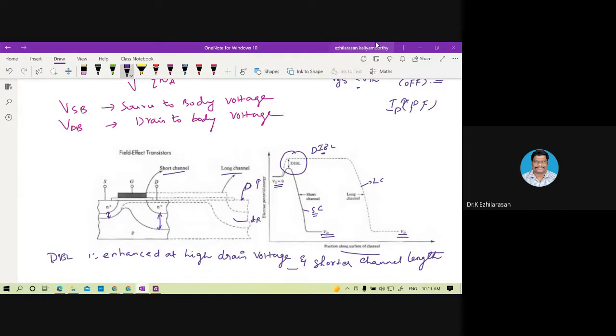The drain voltage VD lowers the barrier near the source. This we call DIBL. This is about the DIBL effect.